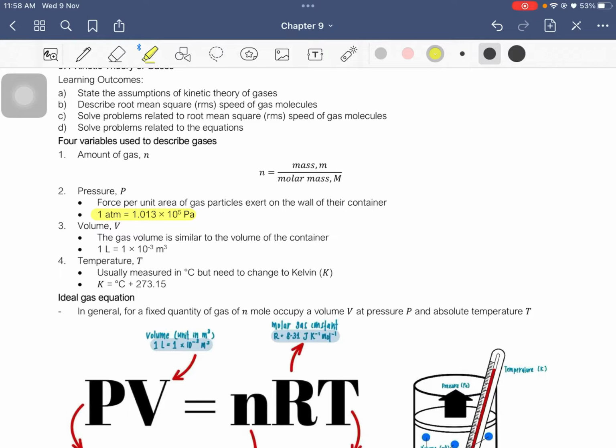Next we have volume, where the gas volume should be similar to the volume of the container lah. So 1 liter is equal to 1 times 10 to the power of negative 3 cubic meter. So this is their SI unit lah, both of these. Temperature on the other hand is usually measured in degrees Celsius, but now we need to change into Kelvin.